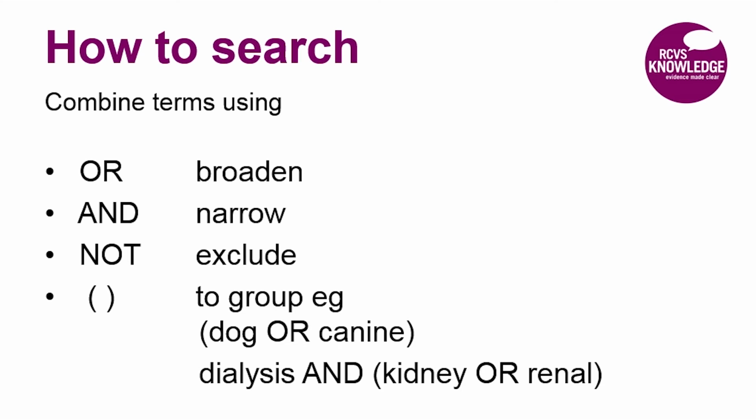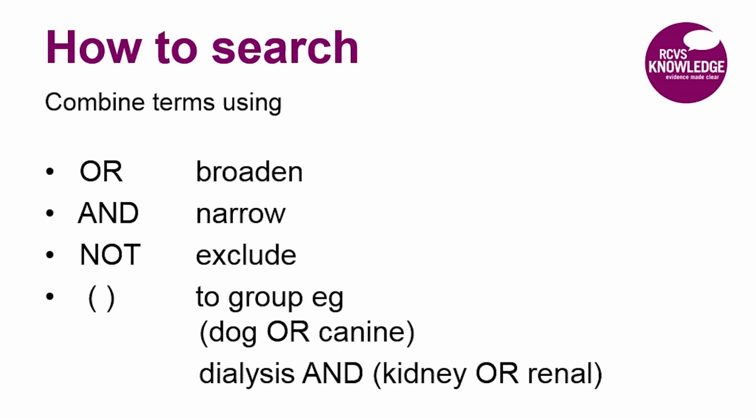I would urge caution with NOT, because you can easily exclude things that you didn't mean to. We use it quite a lot to exclude animal modelling when we're searching. If you do a search on rabbit, for example, if you're not careful, a lot of your papers will be about lab animal stuff, but we can do NOT modelling, and that will help. But OR and AND, really useful.